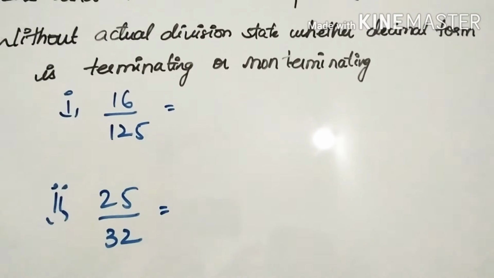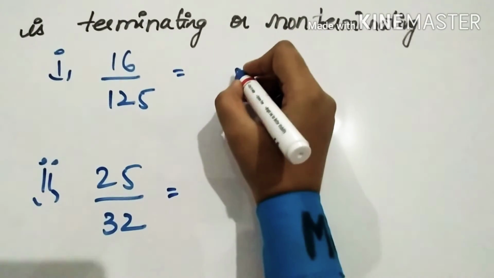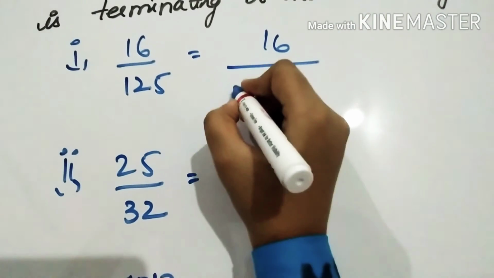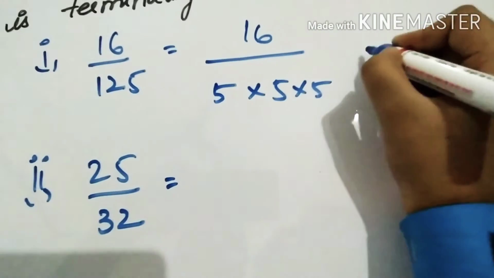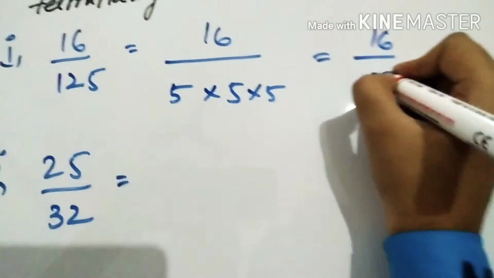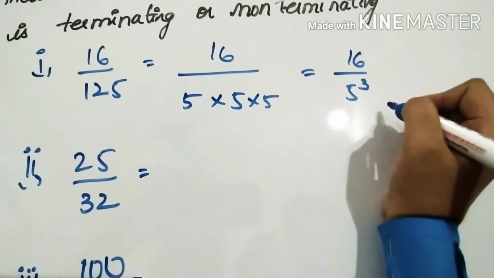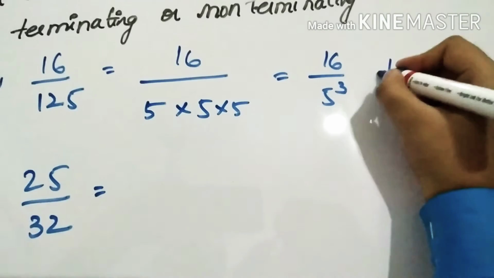State whether the decimal form is terminating or non-terminating. First is 16 by 125. So 125 can be written as 5 into 5 into 5, which is 16 by 5 cube. So it is in the form of 2 raised to n into 5 raised to m. So it is a terminating decimal.